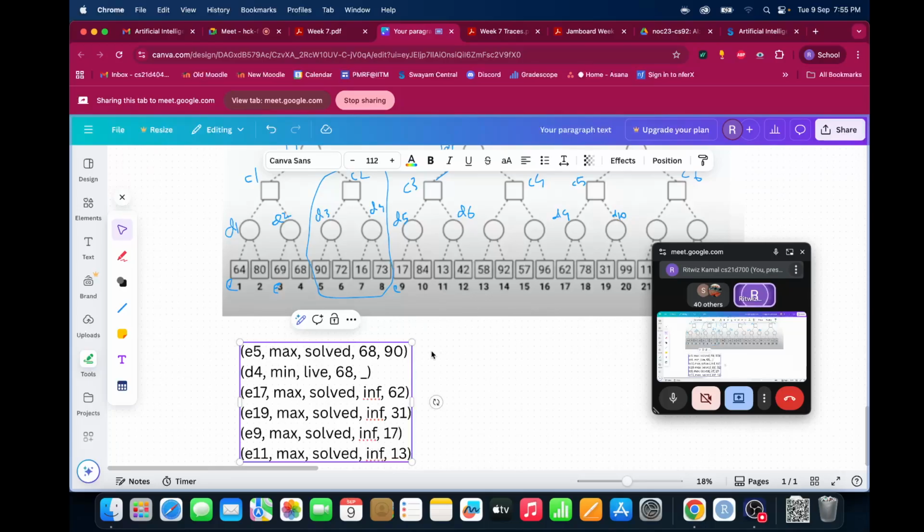Next, we are at E5 currently, right? E5 will now be popped, and the immediate neighbor of E5 is E6. So let's add E6, which is a max node, live currently, bound is 68, value unknown. This will return a value of 72, label it solved.